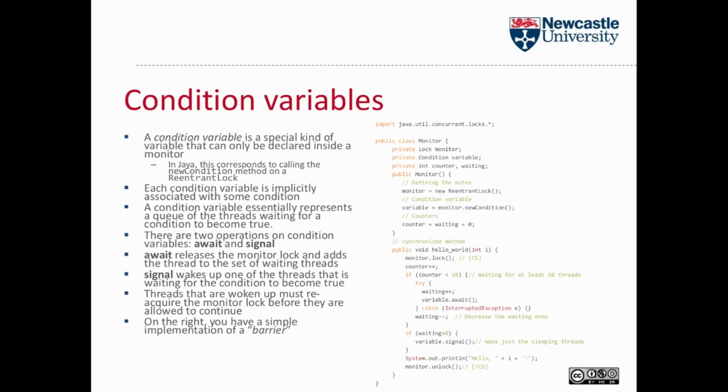So that is mainly because I don't have access to the waiting queue. If you're using reflection and trying to access the internals of the variable, you could also access implicitly the names of the threads that are waiting. But if we are not forcing the Java library, then we cannot know how many threads are waiting.